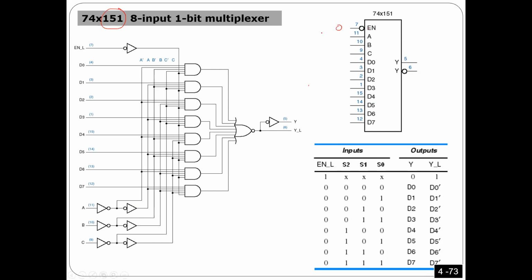For the output, this chip is actually giving you 2 types of output. One output is active high, the other is active low.